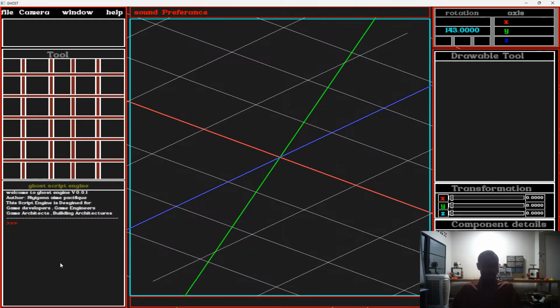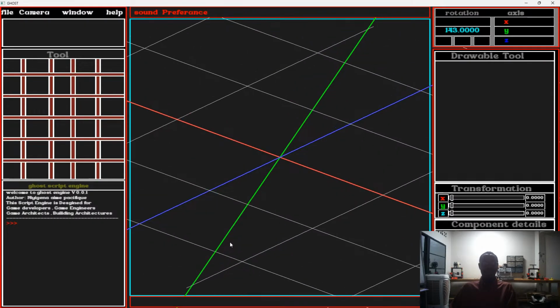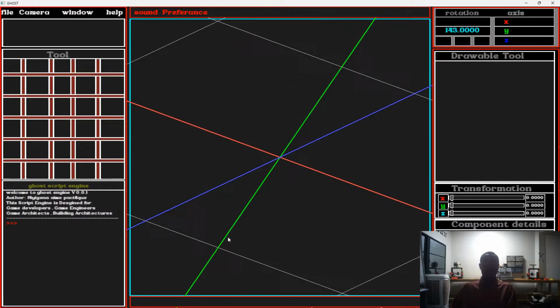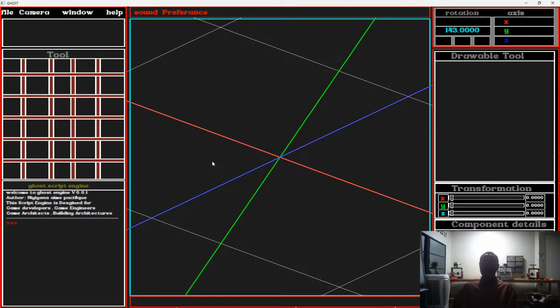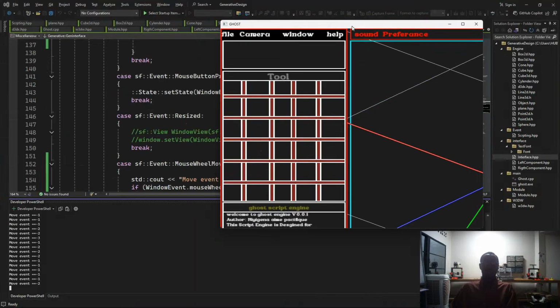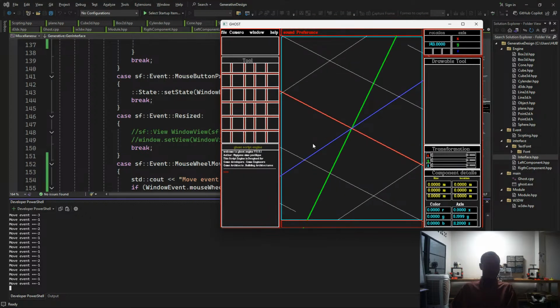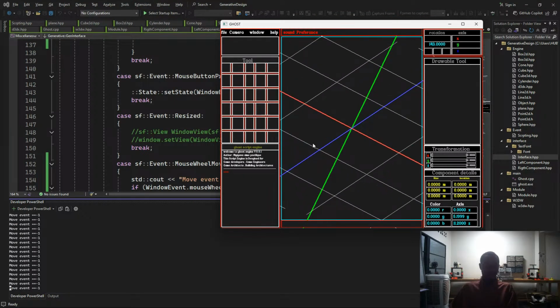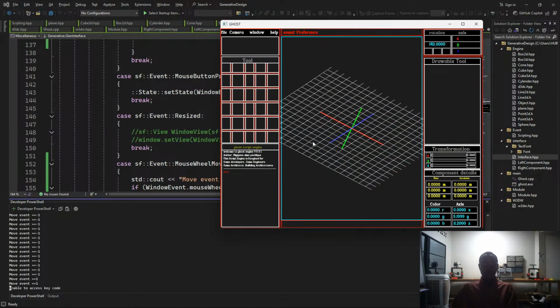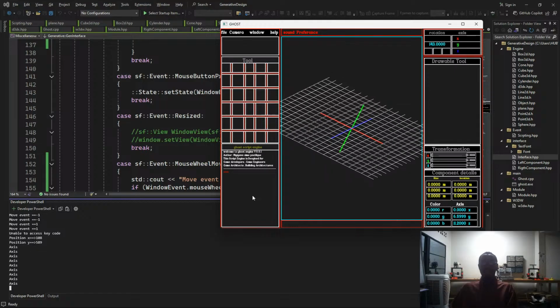So these tests are for game scripting code. This is for the zoning code.